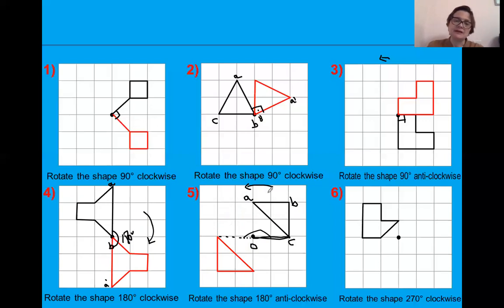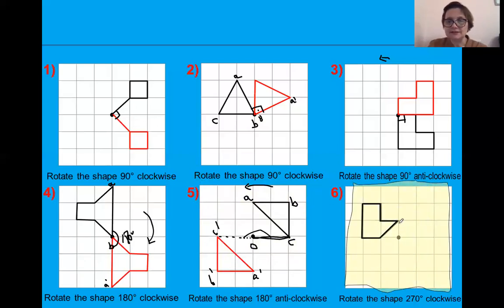Okay. ABC prime, and this one is going to be the A prime here, C prime, and B prime. Okay, just like that. Next one.